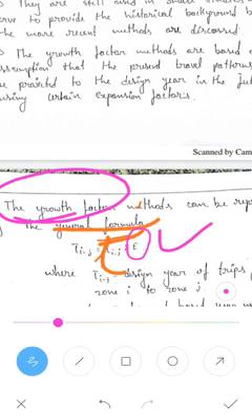One is the uniform factor method, another is the average factor method, third is the Fratar method, and fourth is the Furness method. So these are the four methods. Now I will go through each one.